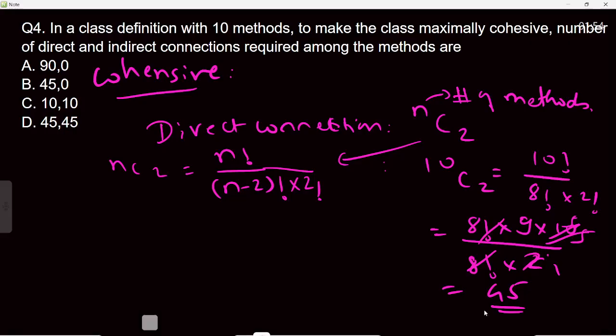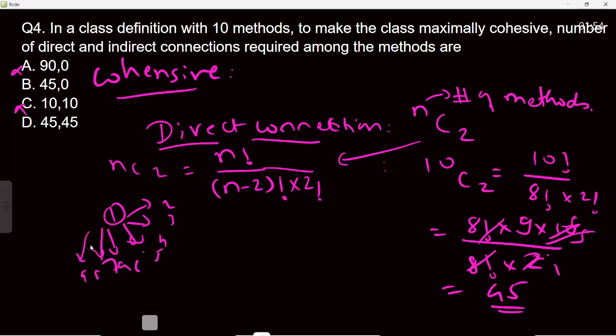So 45 direct connections are required to make the class maximally cohesive. Now there are two options. We can eliminate A and C. Now B and D are the candidates. But one thing you can observe, we have made direct connections from one method to all 9 other methods, 2, 3, 4, 5, 6, 7, 8, 9.